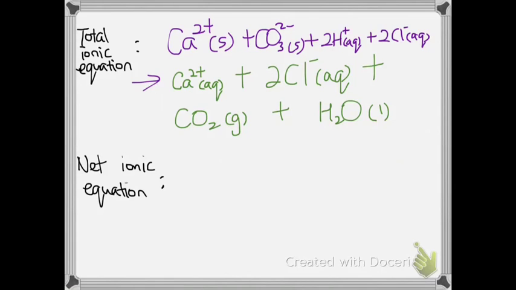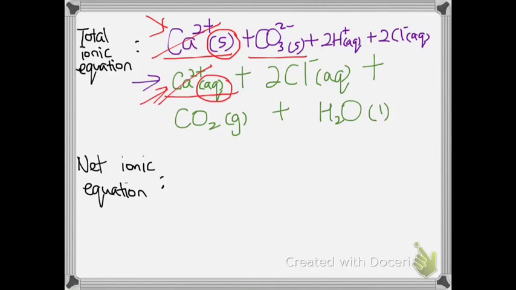Now, let's take a look at what we can cancel out. Let's look at calcium. Although calcium appears in the solid state in the reactants on the purple side, whereas on the green side, or the product side, it is in aqueous form, we see that calcium remains as calcium. There is no change. Therefore, we can see it also as a spectator ion and cancel it out.